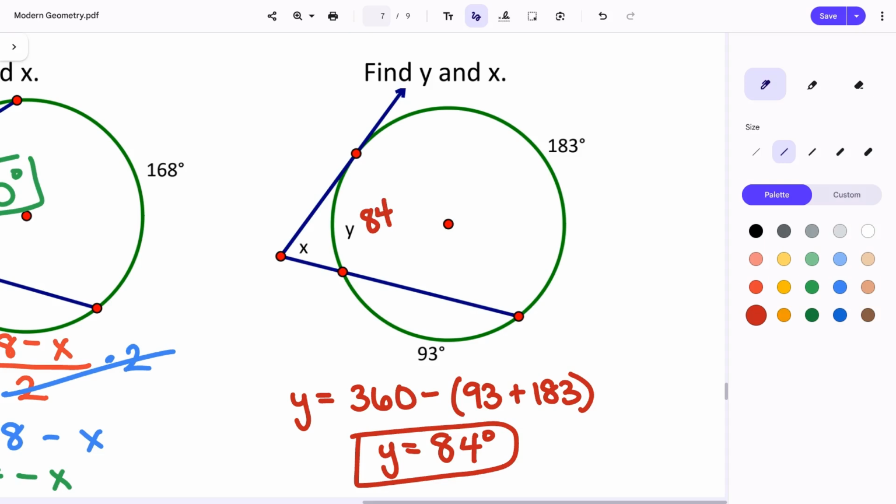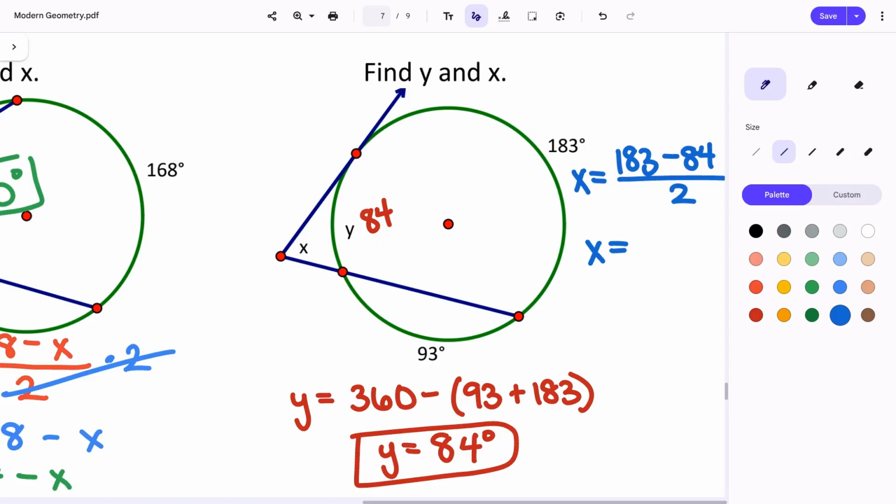Now, can we set up x? Yeah? Should just be like what we talked about from the theorem, right? Because now we've got both of those arcs. So to find x, we should just be able to take 183 and then do what? Subtract 84 and divide by 2. Good.